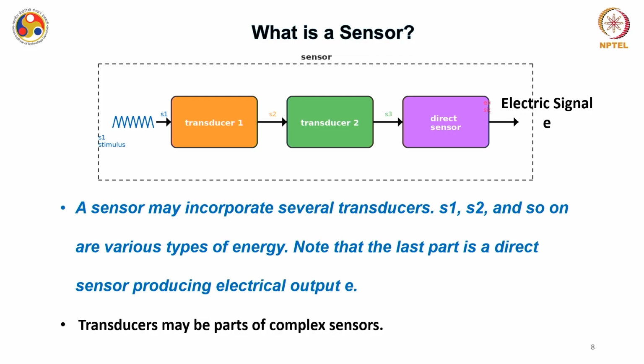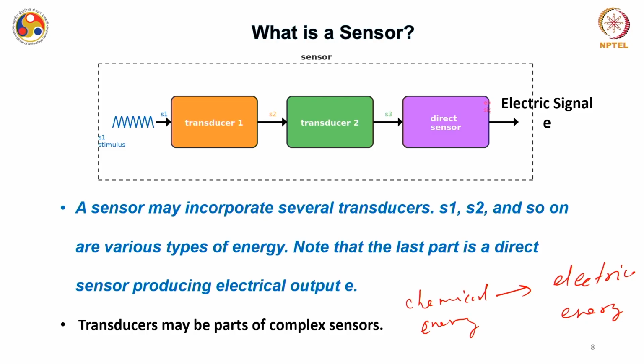Like consider a case that, say, I want chemical energy getting converted to electrical energy. Okay, because I am looking for a sensor which can convert any chemical energy to electrical energy. However, I do not have such a sensor.